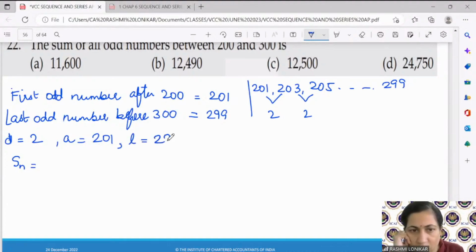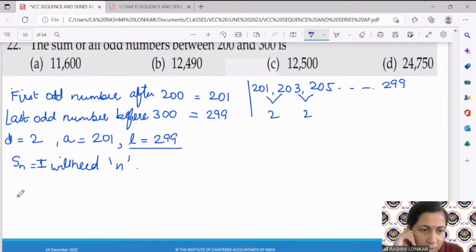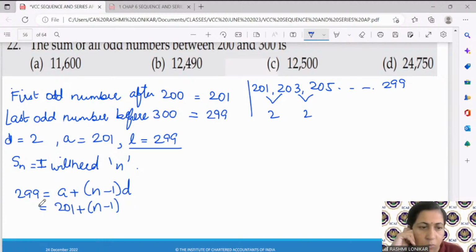The sum of odd numbers will be equal to Sn, and L is how much? L is 299. So for finding Sn, I will need the value of n. So for that, I find out this. The last term, 299 is equal to A plus n minus 1 into D. A is how much? 201. N I don't know. And D is 2.